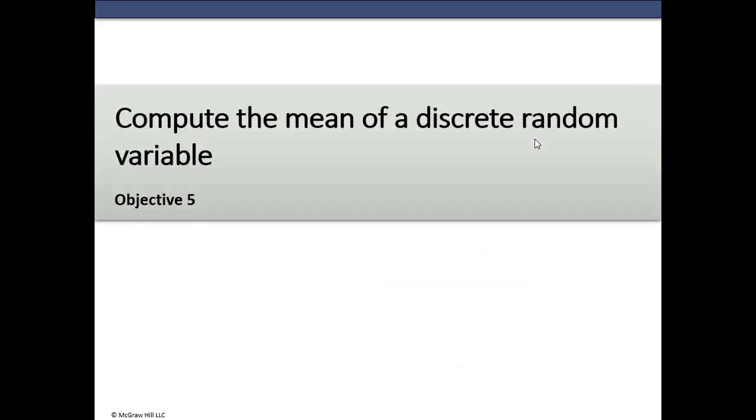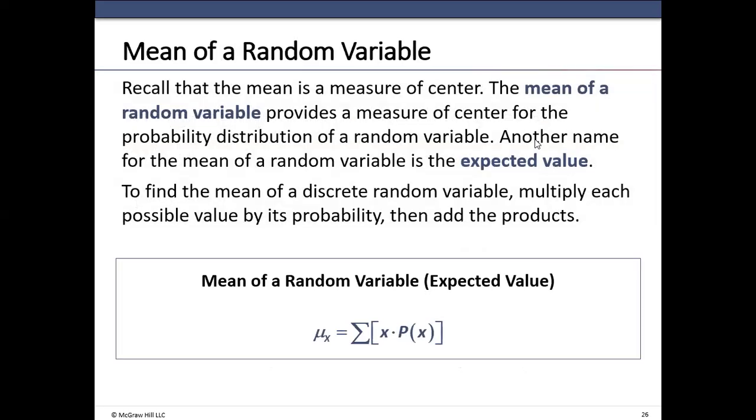Compute the mean of a discrete random variable. Recall that the mean is the measure of the center. The mean of a random variable provides a measure of the center for the probability distribution of the random variable. Another name for the mean of a random variable is the expected value. To find the mean of a discrete random variable, multiply each possible value of x by its corresponding probability, then add the products.